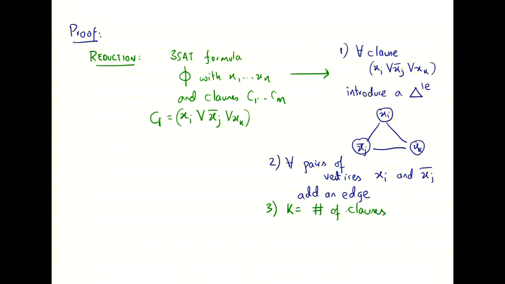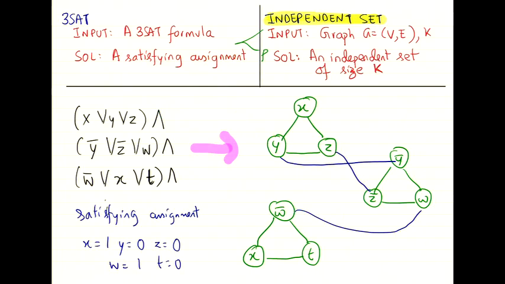Okay, so that's the reduction. Yes. Why did you pick that value? Oh, why did I pick k to be the number of clauses? It'll be clear as we describe the reduction. Any questions on this so far? So we just converted this 3-SAT formula into this graph.